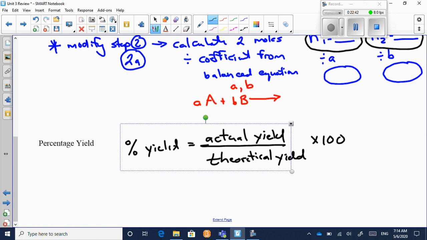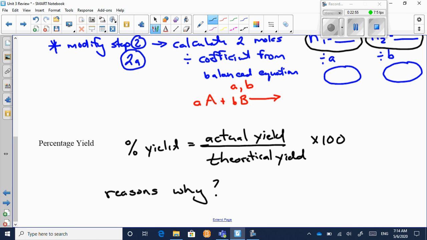And so we did a few questions involving percentage yield, and maybe knowing the reasons. I'm going to put here, what are some of the reasons why you don't get the theoretical yield? So we talked about that in our note.